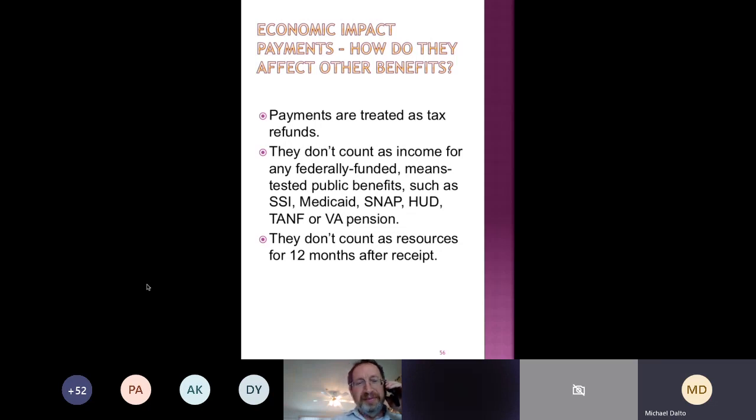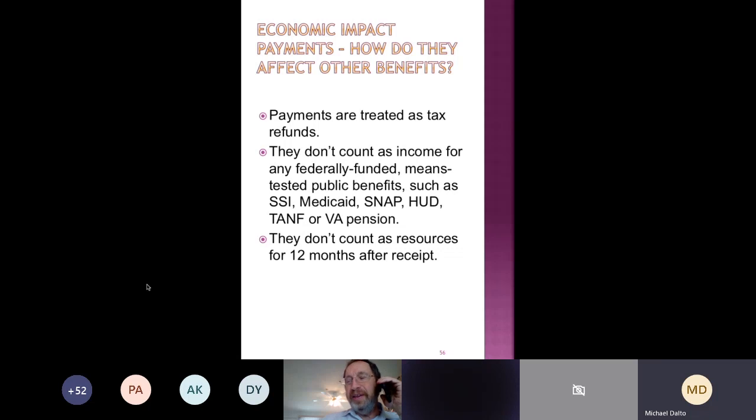So the economic impact payments don't count as income for SSI, for Medicaid, for food stamps, also known as SNAP, which stands for Supplemental Nutrition Assistance Program, for rental assistance programs funded by the U.S. Department of Housing and Urban Development, known as HUD, for Temporary Assistance for Needy Families, the welfare program for low-income families with dependent children, or for VA disability pensions. That's a need-based cash benefit that certain disabled veterans can receive.